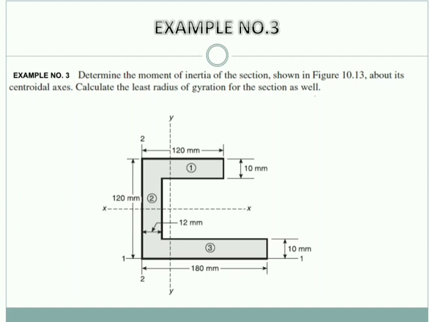What I prefer from my experience is, if you get an object which is symmetrical about one axis and unsymmetrical about another, go for the moment of inertia example. But if you get figures like this which are not symmetrical about both the axes, that means you have to go for all the calculations. It becomes a bit lengthy task. I am not saying it is difficult, but it becomes lengthy.